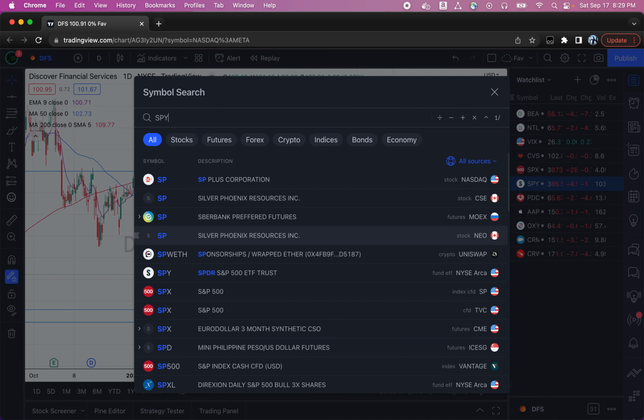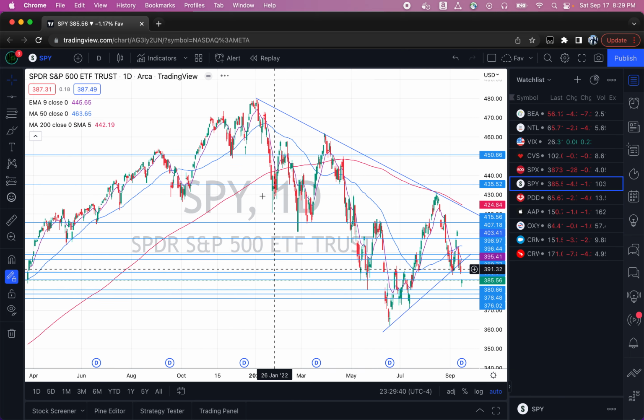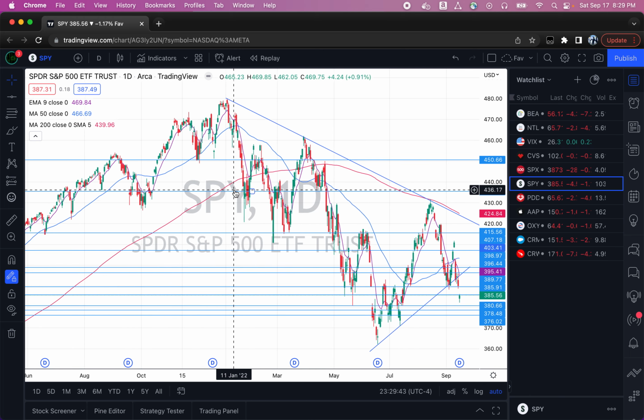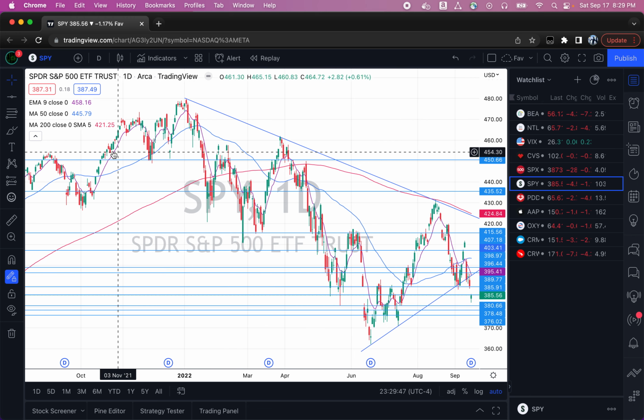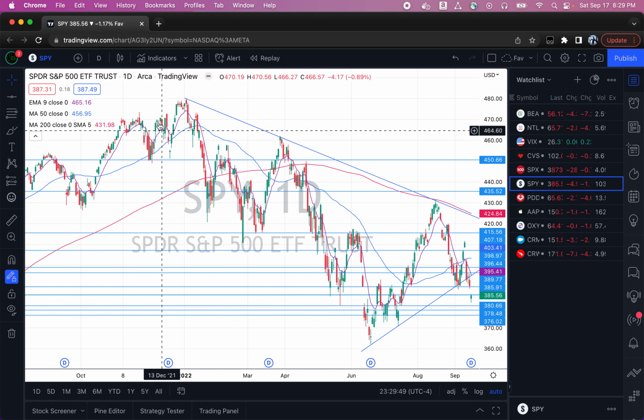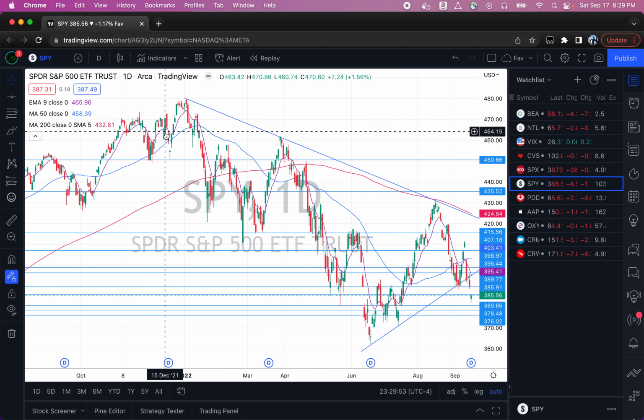So what they do is distribute the stocks that they want to unload slowly. They don't do it in one day. That's why you see a slow sell-off here and there. The SPY is still at this level for almost a month.